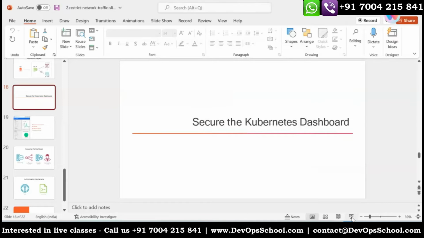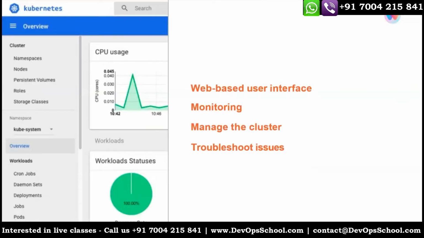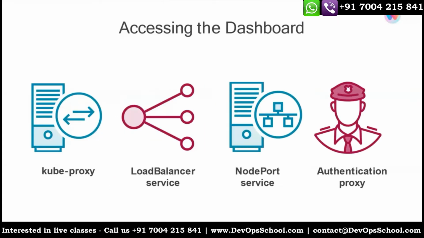After the network policies, you should also secure the dashboard. So usually, how do we access the dashboard? These are the 4 methods in which you can access it. You know that the dashboard by default is accessible only inside the cluster.